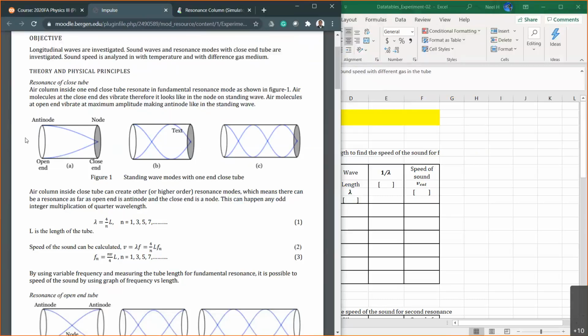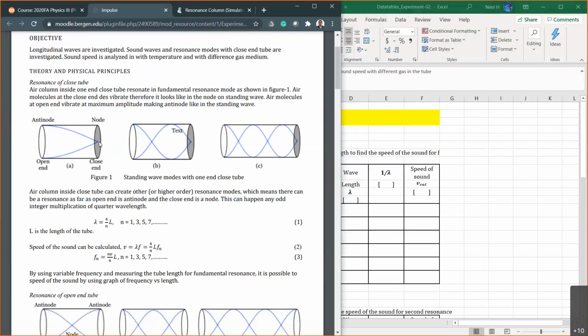So if you put the source here, like a speaker, as you will do in class, then the particle right here, the molecule right here, can vibrate much faster, as freely as possible. But when it comes to here, the vibration amplitude should be almost zero.